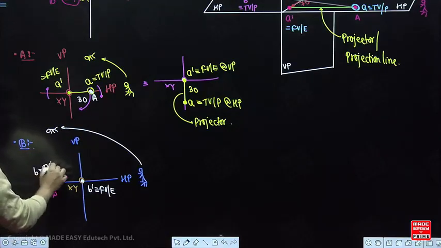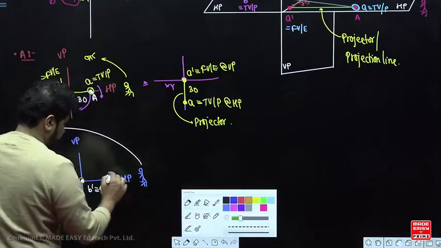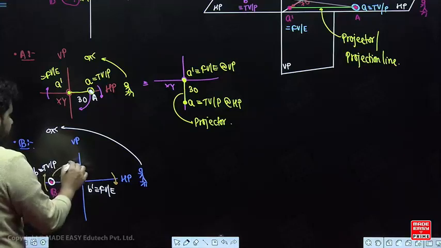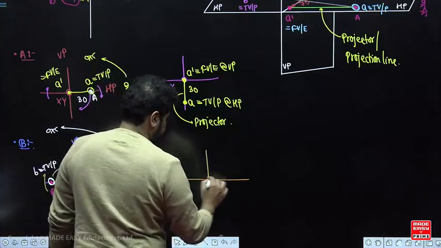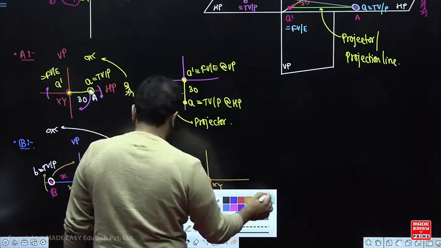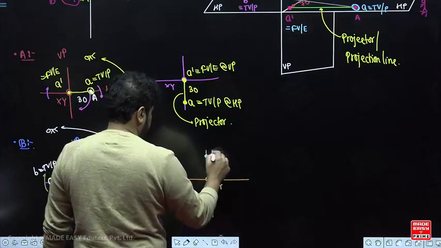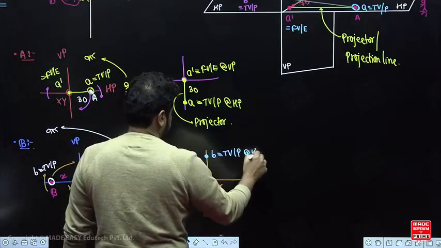Now we know that HP is rotatable in nature. So if I rotate HP, this point will go up. So therefore what is the value I am going to get? This is your XY, isn't it? So where are the points? This B point, B being the top view or plan at HP, right.